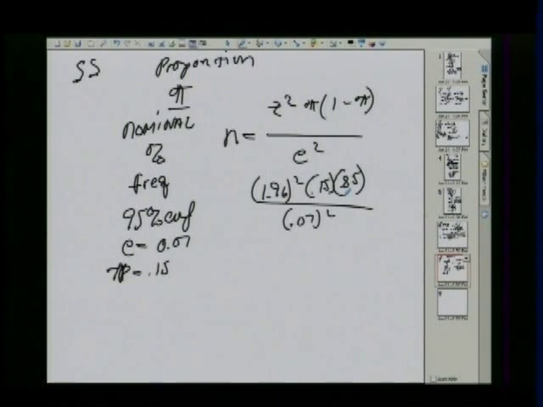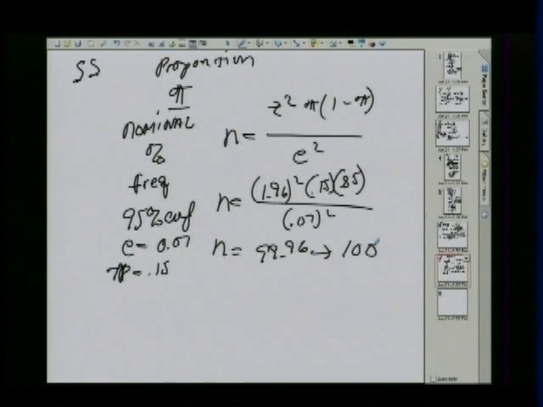When I do all those operations, I'm going to end up with my answer, which is 99.96. So n equals 99.96. Remember, round up, which gives me 100. So my required sample size here is going to be exactly 100, if I want 95% confidence, I'm willing to live with 7% error, and the population proportion is equal to 0.15.